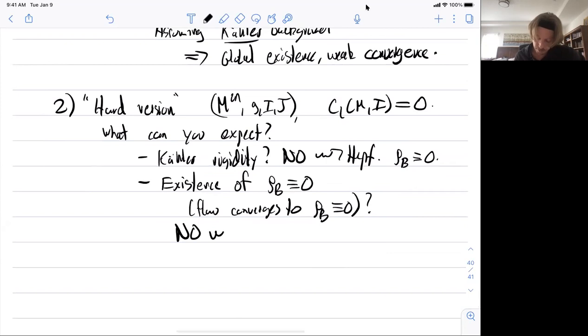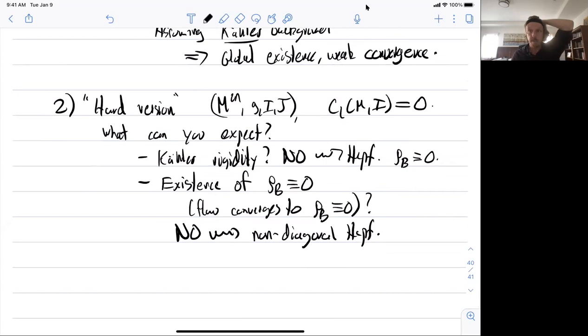And this is illustrated already by these non-diagonal Hopf surfaces. This comes out implicitly because there's this rigidity result, which I believe we mentioned, of Gauduchon-Ivanov.